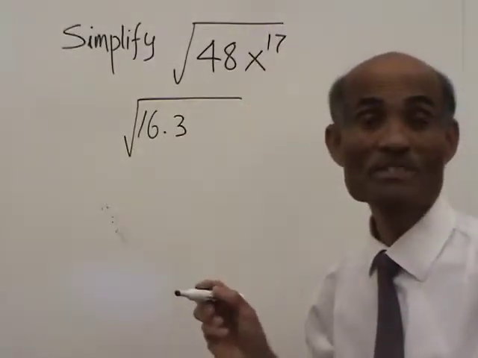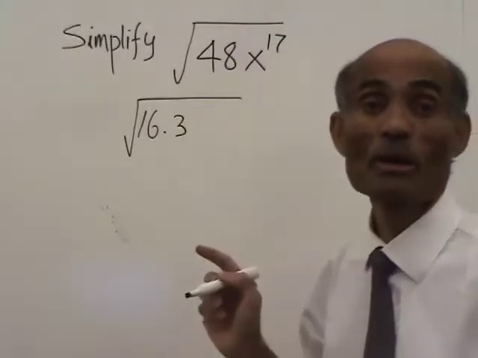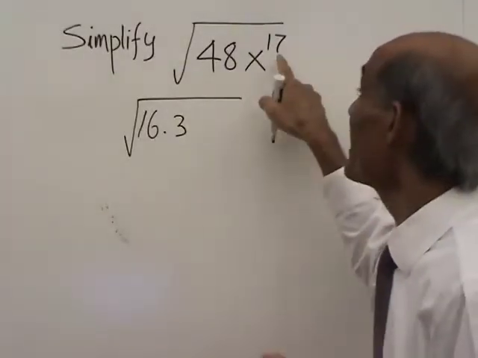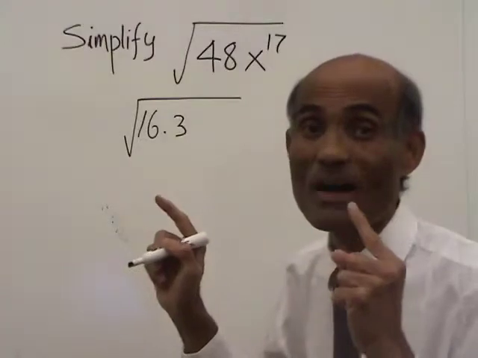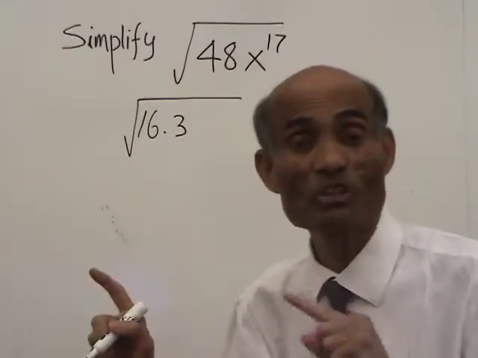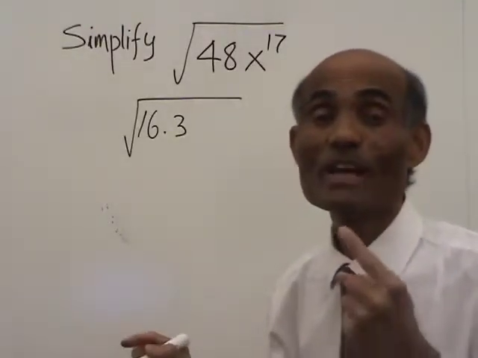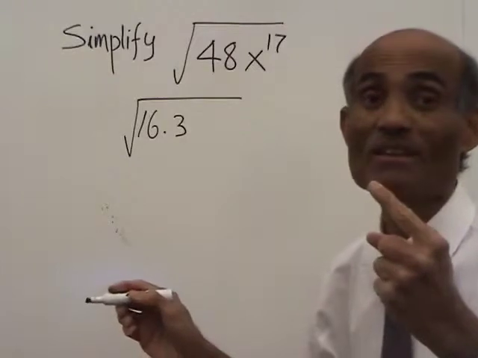x to the power of 17. Remember, a power becomes a perfect square when the power can be divided by 2. x to the power of 17 is not a perfect square. What is the highest perfect square in x to the power of 17?